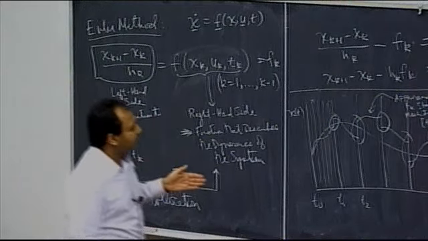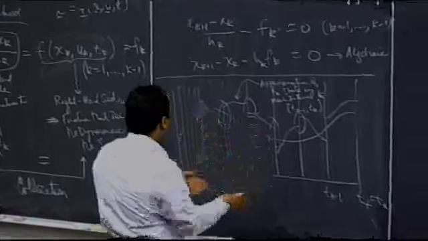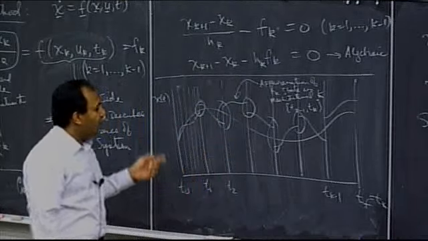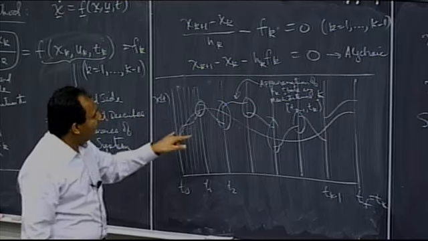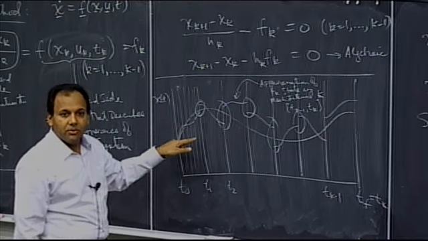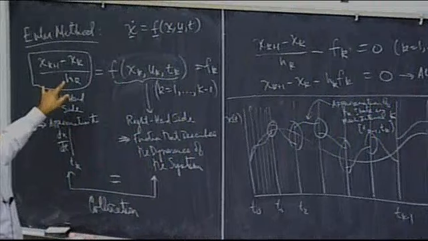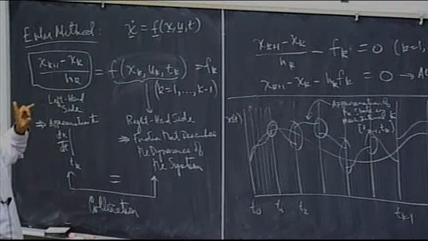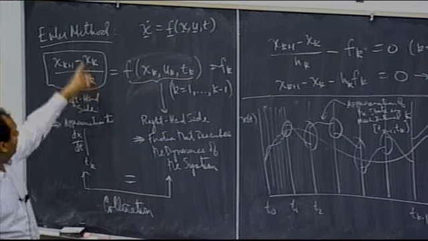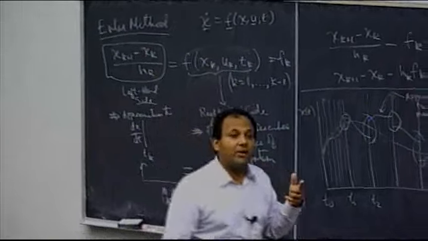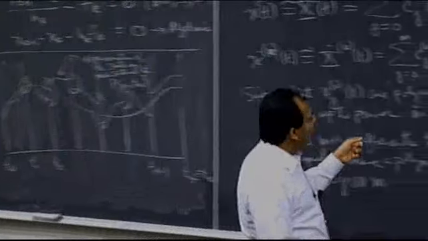I've got these mesh intervals. I'm integrating from T0 to T1, T1 to T2, T2 to T3. So when I get to T1, how many points have I used to collocate the derivative? I've used 1. I'm only collocating at point tk. That's what we said.